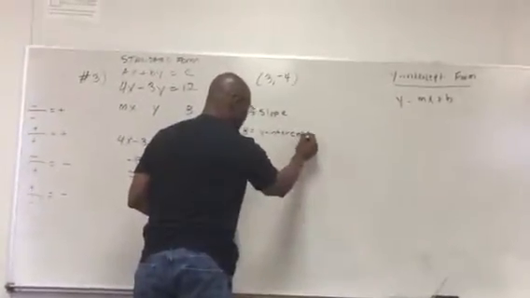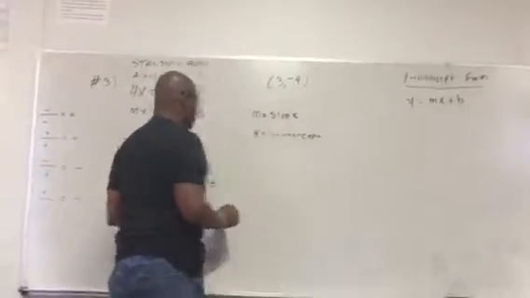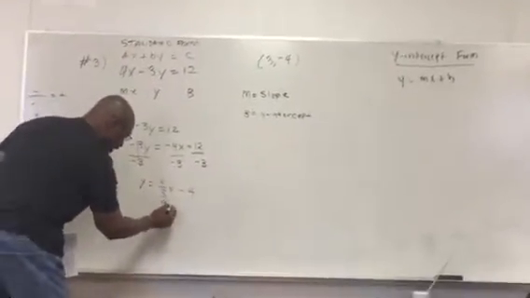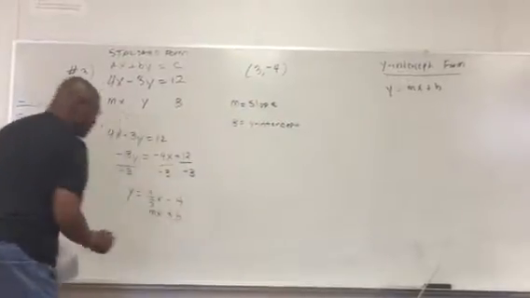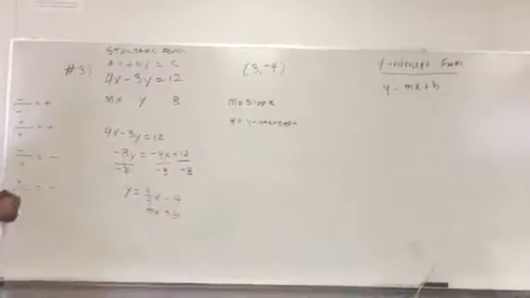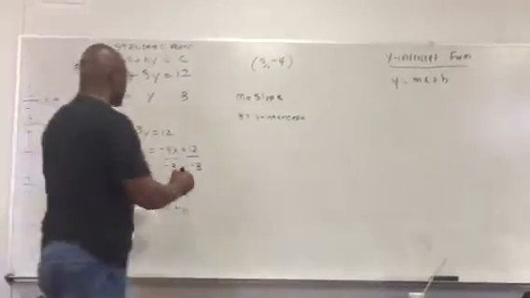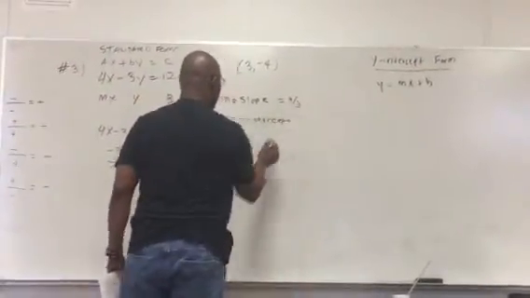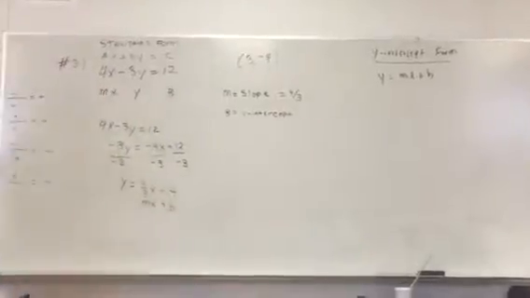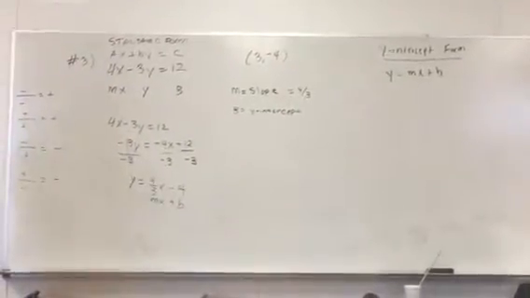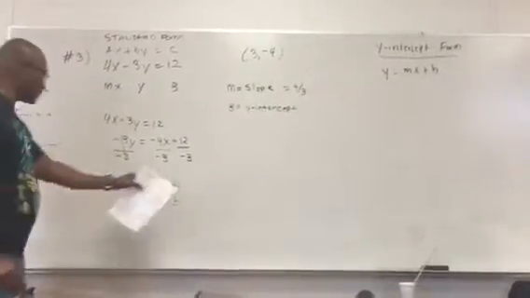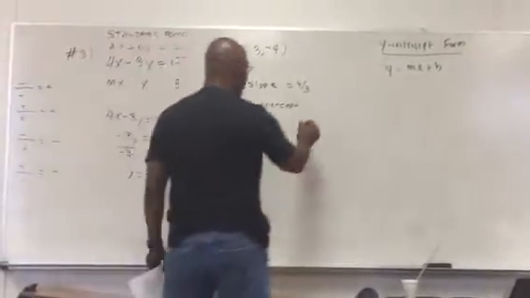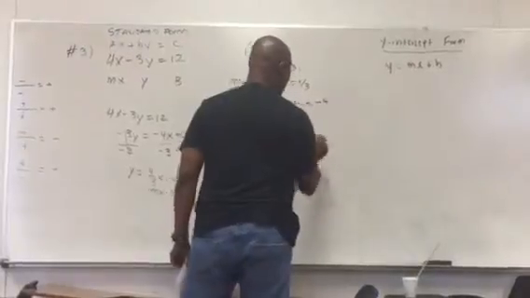So this is y equals mx plus b. What's my slope? 4 over 3. So my slope for this one is 4 over 3. What's my y-intercept? 4. What kind of 4? Negative 4. You always have to put whatever sign is in front with it. So my y-intercept is -4.